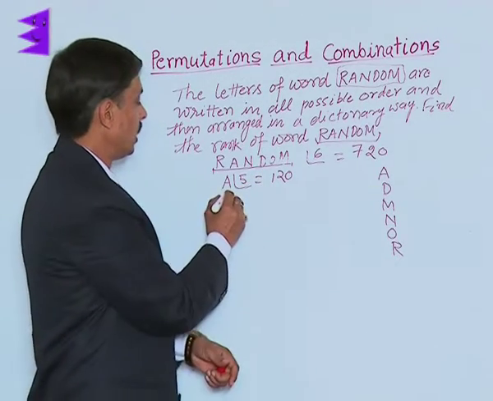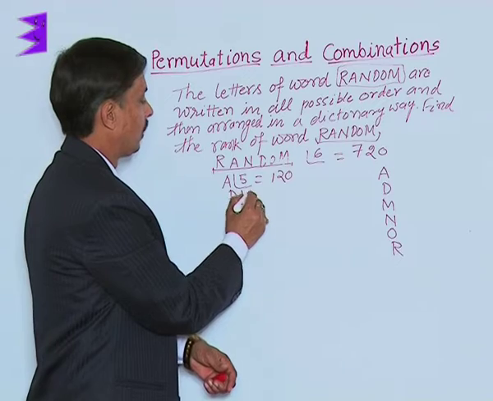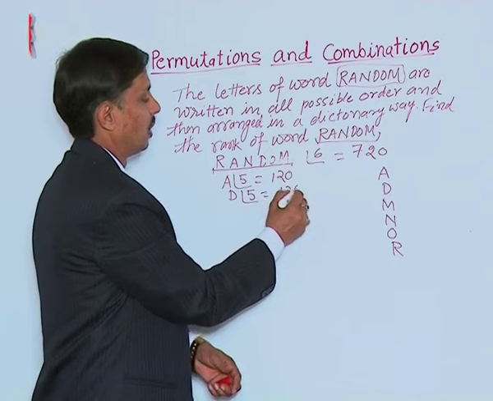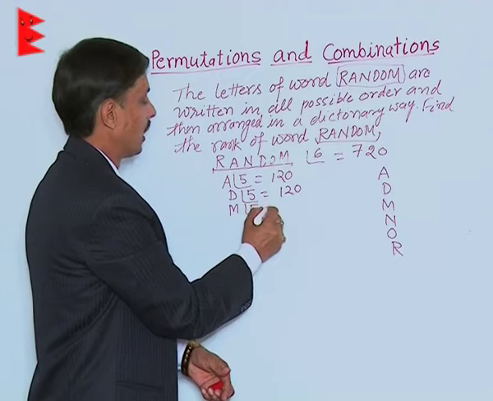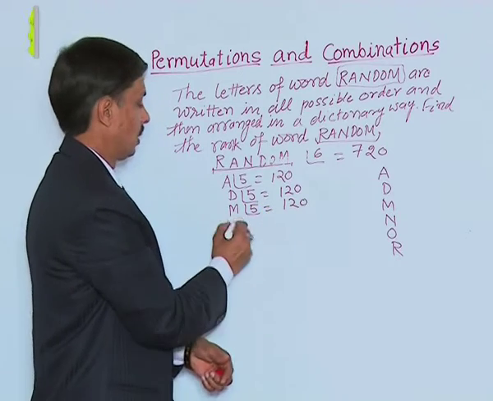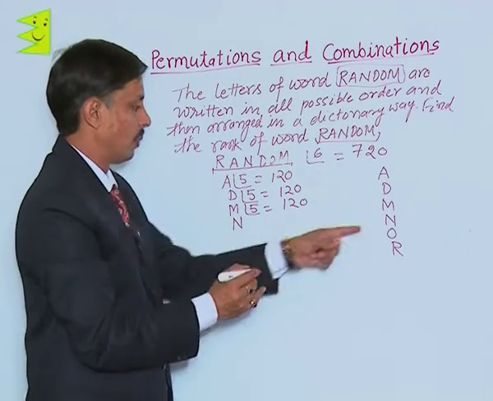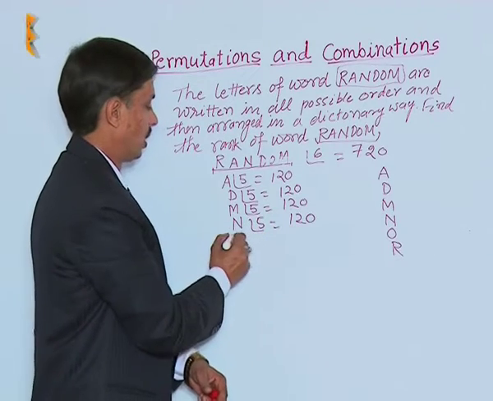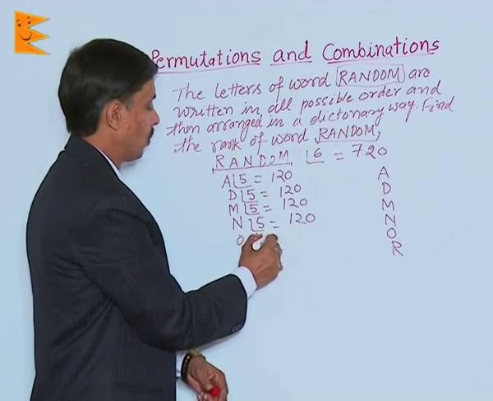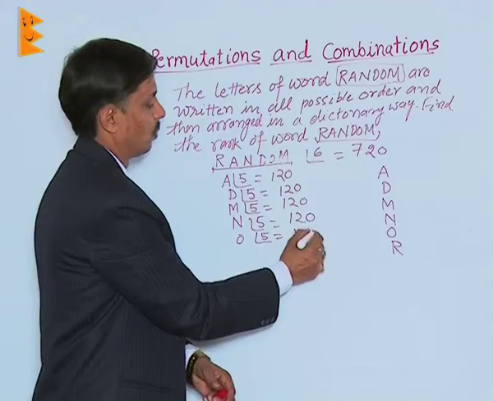Then we begin with D, then factorial 5, again 120. If we come to M, factorial 5, then 120. Then begin with N, factorial 5, then 120. Then begin with O, factorial 5, 120.